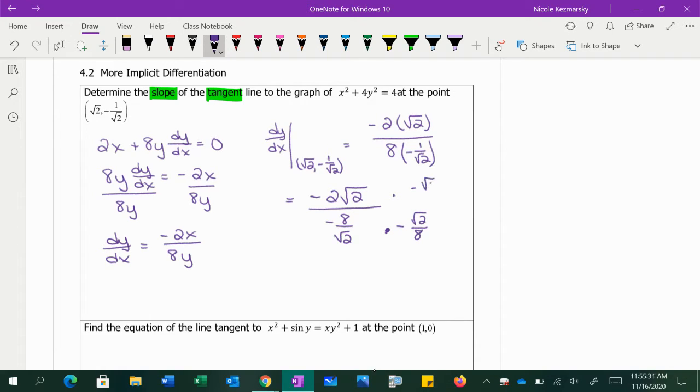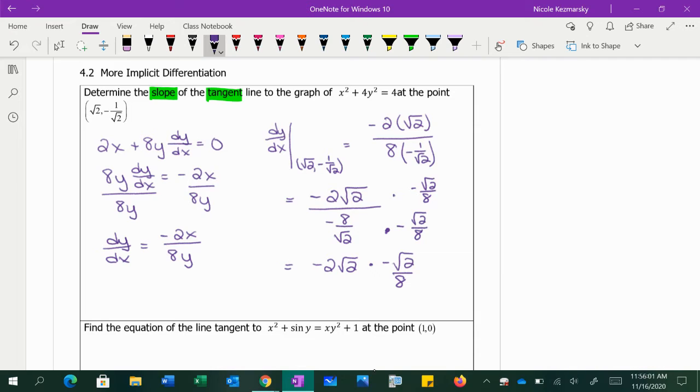By multiplying the bottom by the reciprocal of the denominator, everything's going to cancel out. The 8's will cancel, the square root of 2's will cancel, and the negative signs will cancel. And we'll end up with negative 2 square root of 2 times negative square root of 2 over 8.